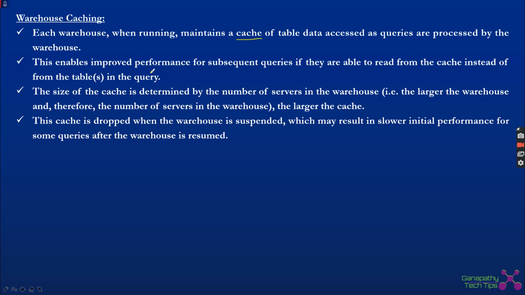When you fire a query against the same table a second time, you can see improved performance. Why? Because the data is already available in the warehouse cache. This provides better performance and lower latency, since the data is read directly from the warehouse instead of going to the cloud-based storage and pulling the data from there.